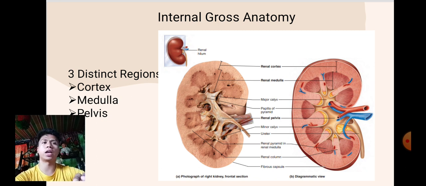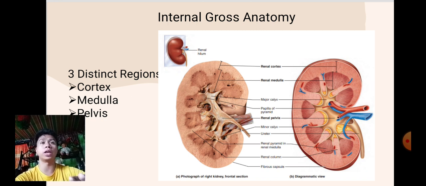So it's just like an inverted pyramid. The pyramids appear striped because they are formed almost entirely of parallel bundles of microscopic urine-collecting tubules. Later on we will discuss these tubules more deeply; they are very important in the filtration of our blood plasma in order for us to have urine outside our body. So these are the collecting tubules and the capillaries.